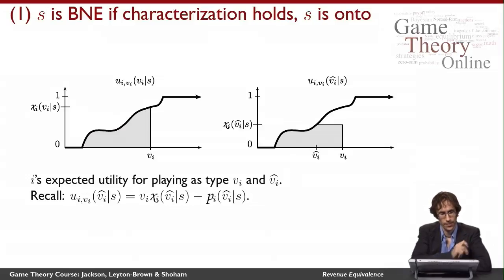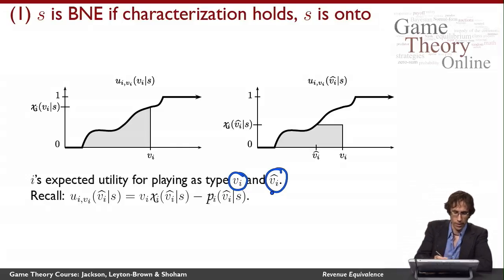OK, so then I can put those two things together and figure out what the agent's expected utility is for playing as though his type was vi and playing as though his type was vi hat, given that in fact his type really is vi.